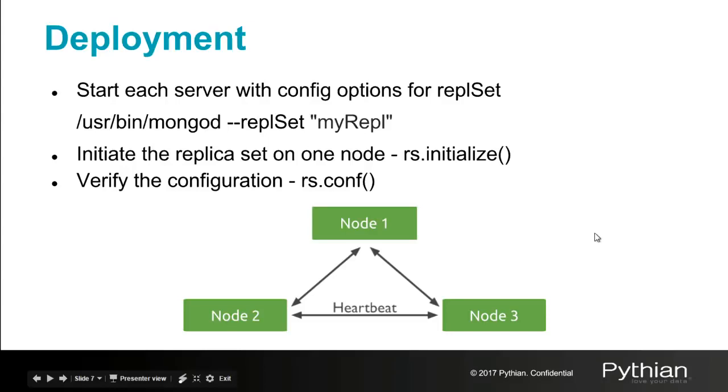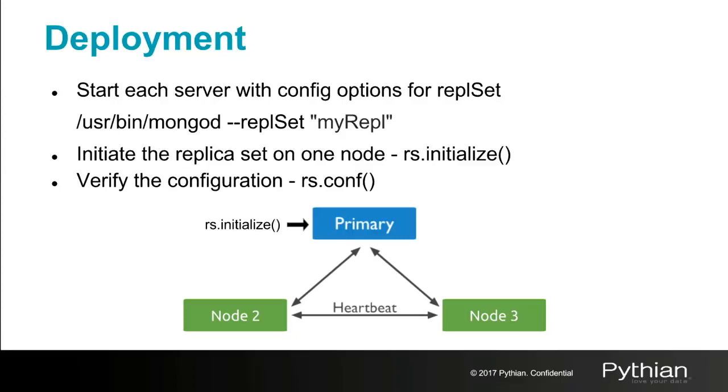So once we have the binaries installed on all of the nodes, we run rs.initiate on the first node, and once we do that, we have the primary node for our replica set.